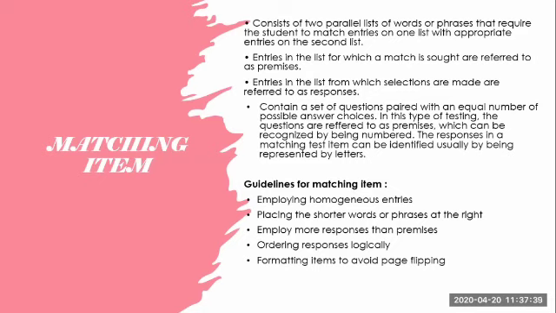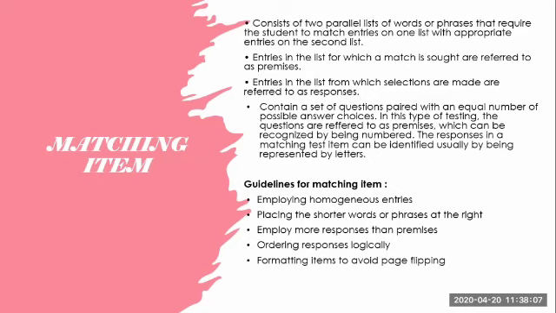It would be far better to take a single matching item with 24 premises and split it into three 8-premise matching items. Be sure to place the list of shorter words or phrases at the right. Third, matching items should also employ more responses than premises.